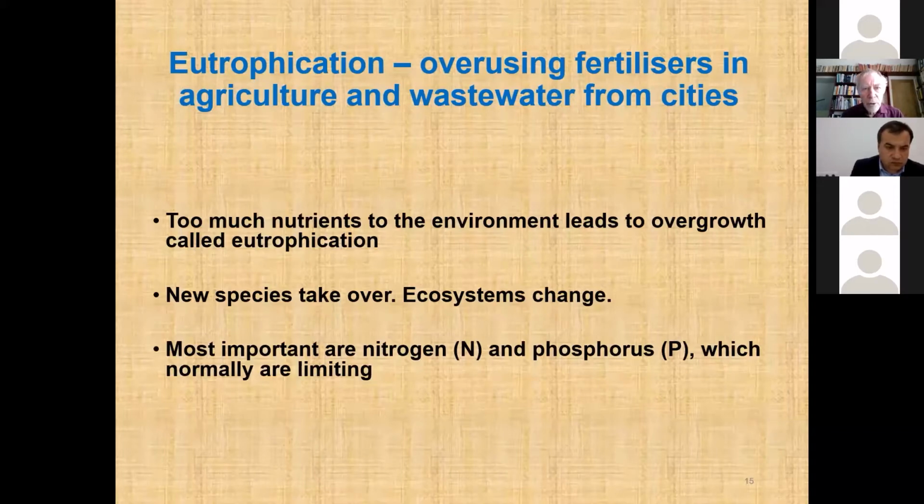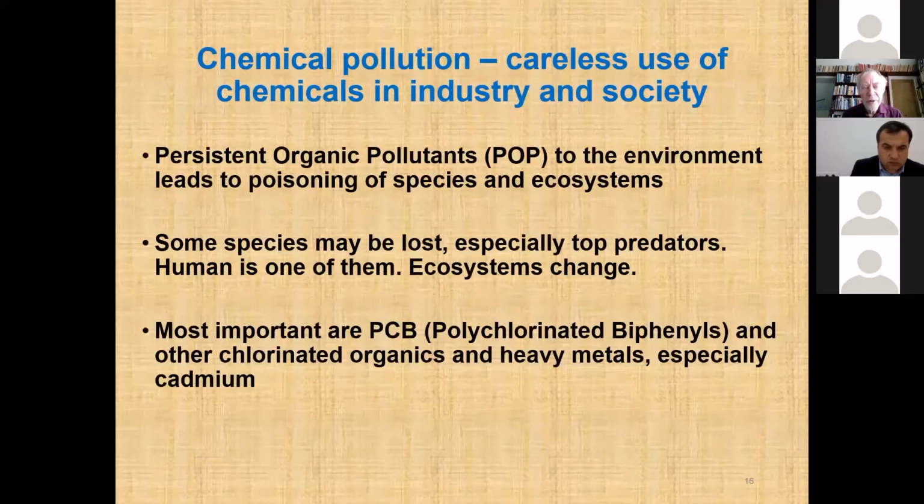And the chemical pollution, of course, most serious is the so-called persistent organic pollutants, POPs. Those are chemicals which are not broken down in the environment so easily. And they lead to toxification of various animals and so on. And those pollutants which are not broken down accumulate in the biosystem. So there are very large concentrations in top predators, for example, birds of prey and so on.